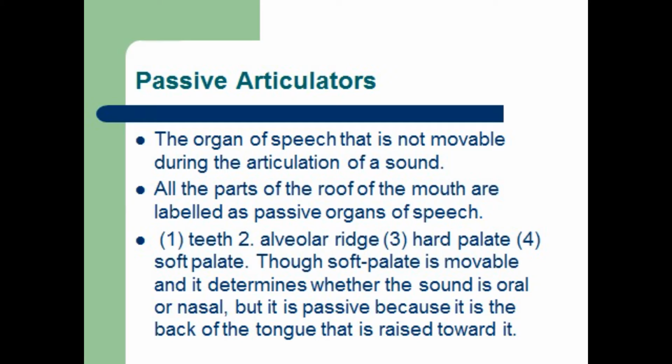They include all the parts of the roof of the mouth, which are the teeth, alveolar ridge, hard palate, soft palate. The soft palate is movable and it determines whether the sound is oral or nasal, but it is called passive because it is not moved toward other organs of speech, but the active organs of speech move towards it. So it is called the passive organ.